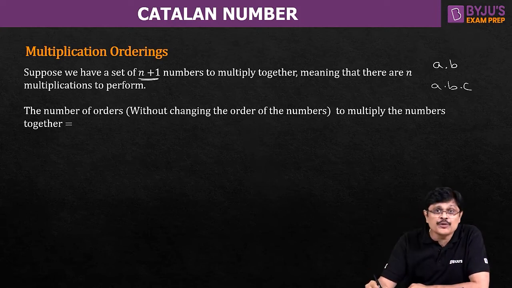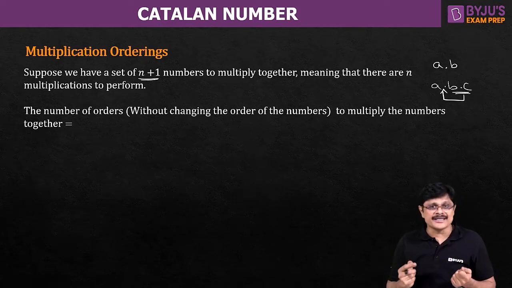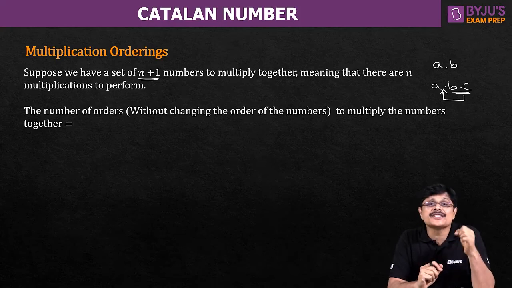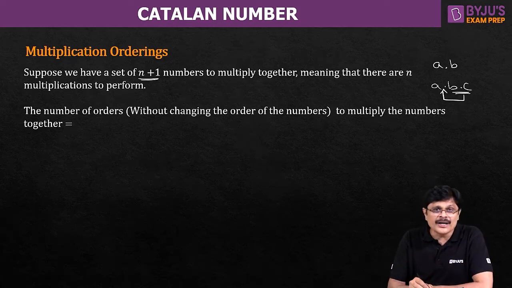But the question is, how many multiplication orders are possible? Here you are doing two multiplications. Whether you do this first followed by this, or you do this multiplication first followed by this, that is called multiplication ordering. So if you have n plus 1 numbers, how many multiplication orderings are possible? The number of multiplication orders, without changing the order of numbers.